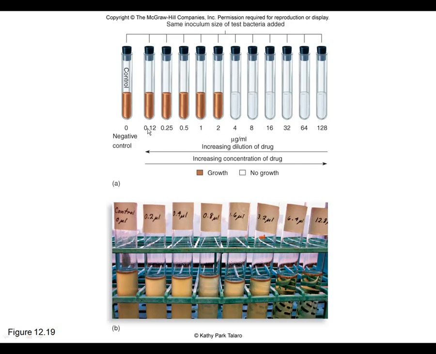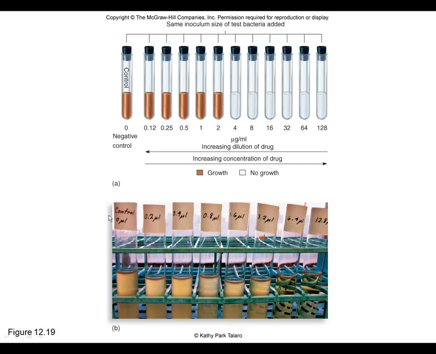And wherever you see visible inhibition, that is your minimum inhibitory concentration. So if we look here, we see that we have growth all the way up to 2 micrograms per milliliter. And at 4, we see visible inhibition. So the minimum inhibitory concentration of this drug against this organism would be 2 micrograms per milliliter.